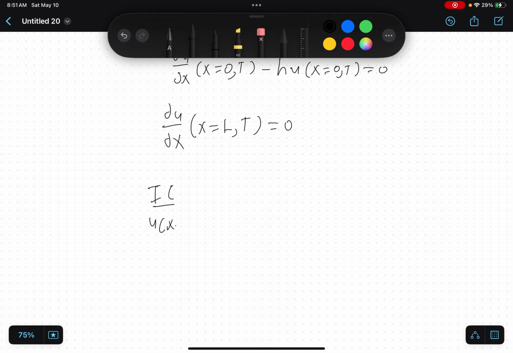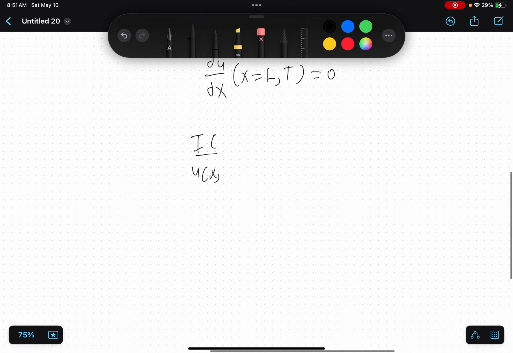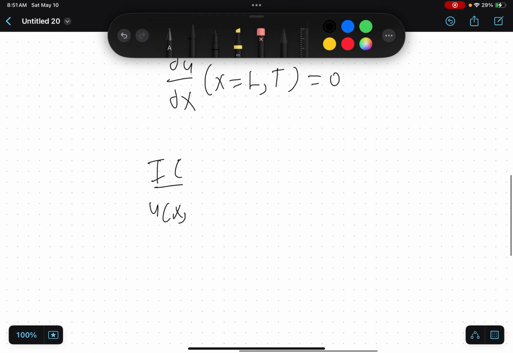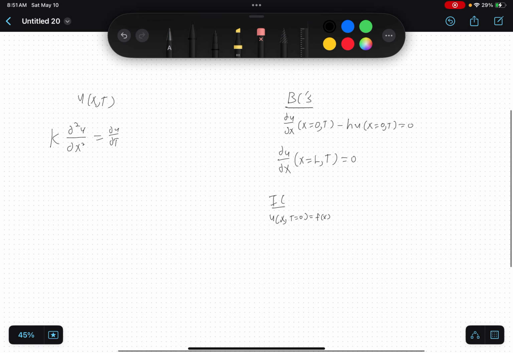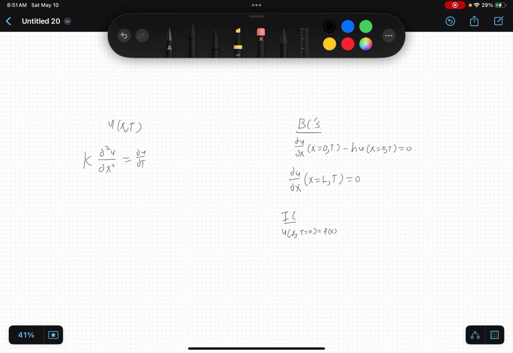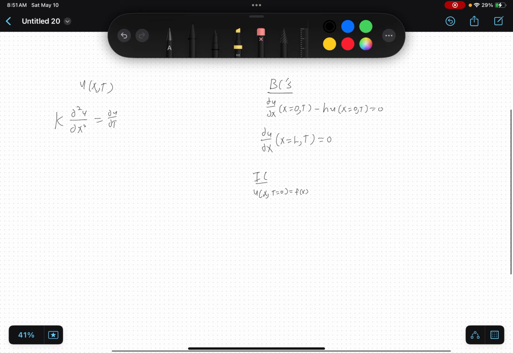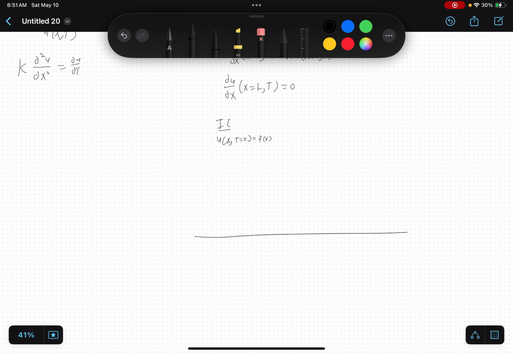u at x, t equals 0 equals a function of x. What's a good example? Let's say we're solving thermal diffusion, and we've got a wall, and we want to solve for the temperature profile of the air above the wall.